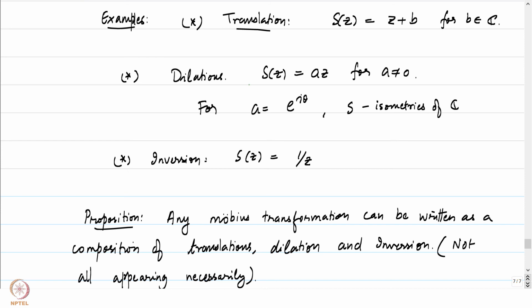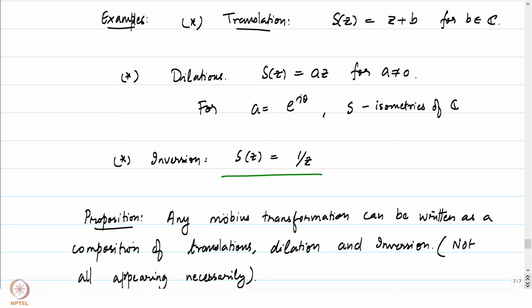Okay, how about S of Z is equal to AZ? Now, if A is equal to 1, this is the identity map. When A is not equal to 1, Z is going to be a fixed point if Z is equal to 0. And we also know that the point at infinity is a fixed point here. So in this case, the fixed points will turn out to be 0 and the point at infinity.